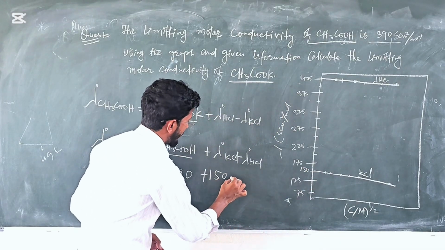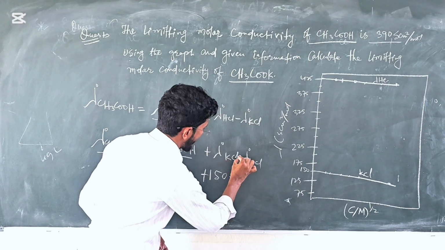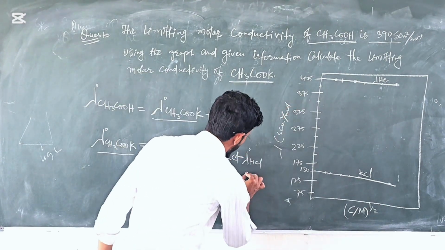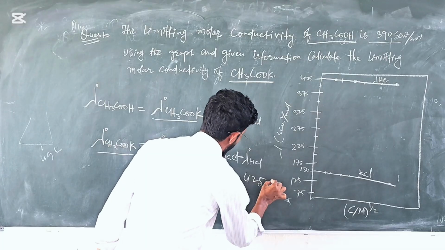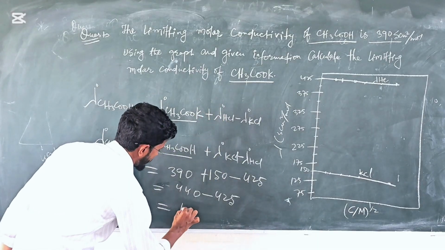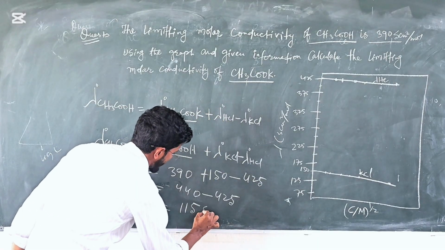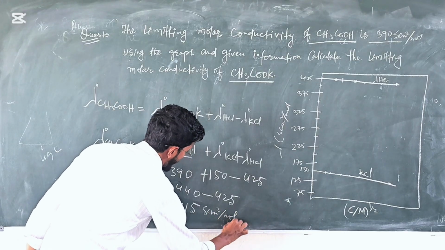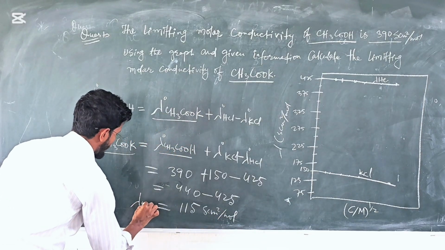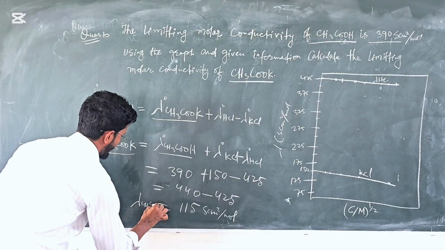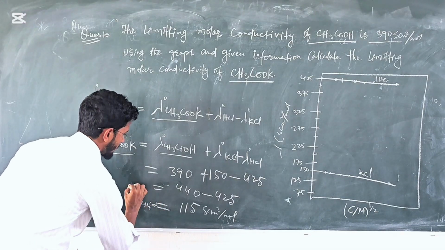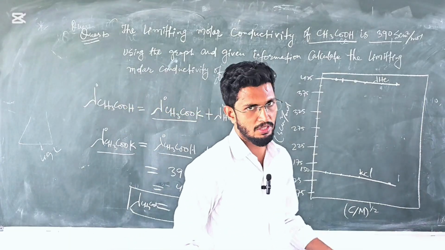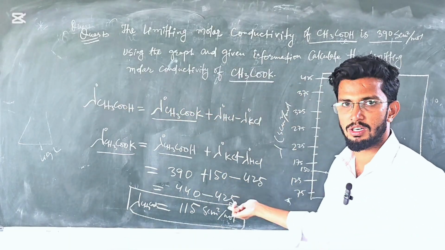And minus lambda HCl, and the value of lambda HCl is 425. Now we get 115 Siemens centimeter square per mole. Okay, this will be the value of lambda CH3COOK, the final answer from the graph. Okay, this is a very simple question. Hope you got the answer by simply applying Kohlrausch's law. Okay.